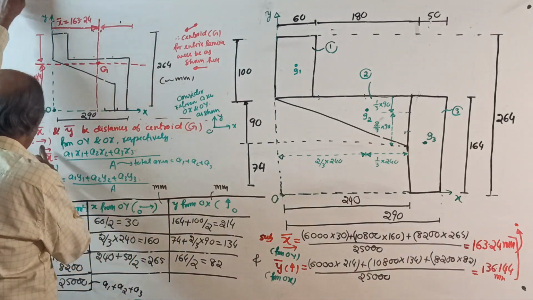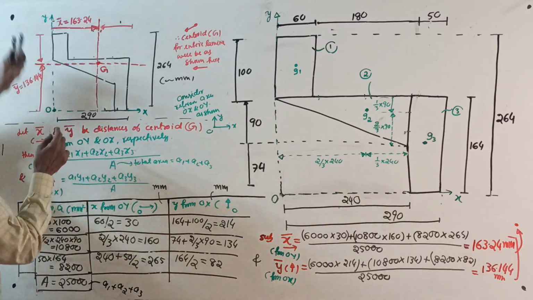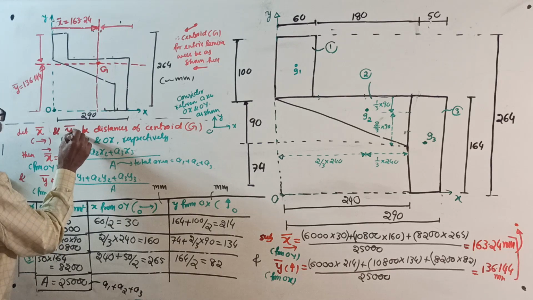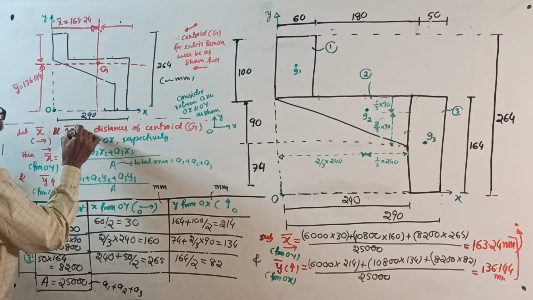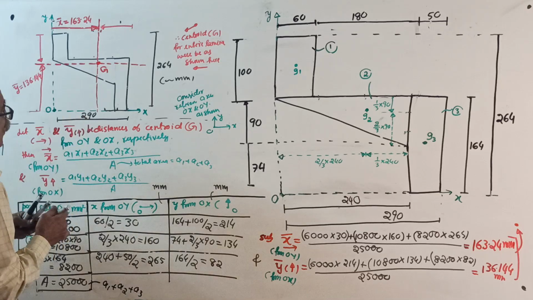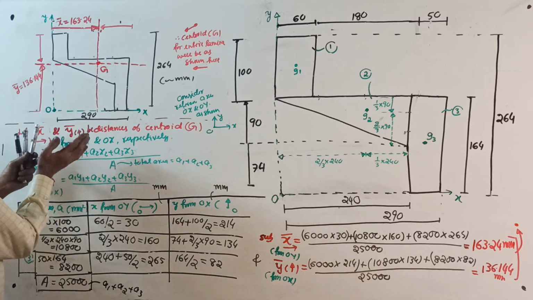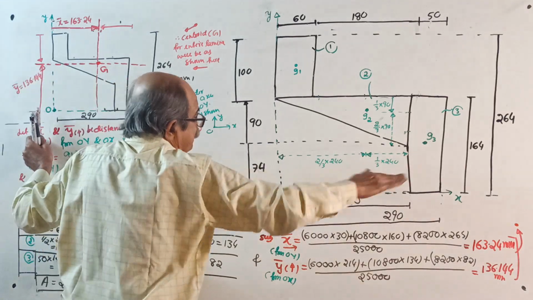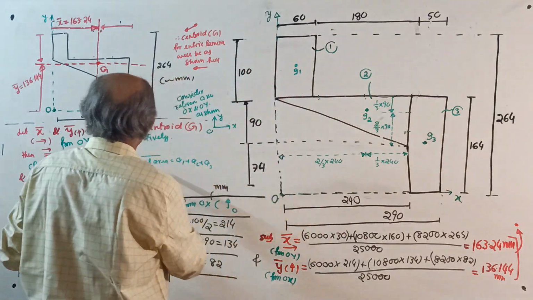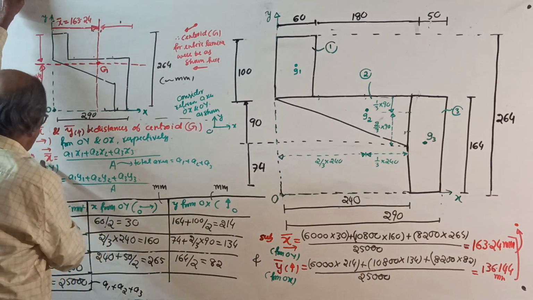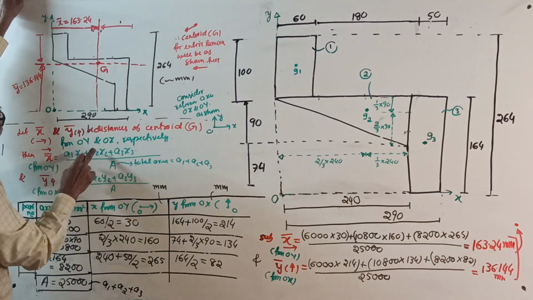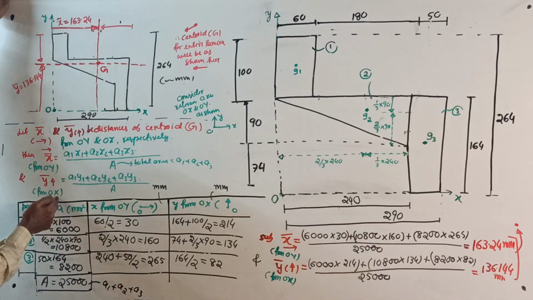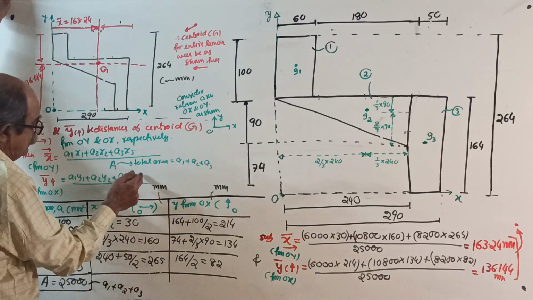Now, very important, you can make one more note. We have x bar to the right side and y bar upward; this I already told you. X bar and Y bar are distances of centroid G from the axes: x bar from the OY axis, y bar from the OX axis respectively. Then x bar equals A1 x1 plus A2 x2 plus A3 x3 by total area A1 plus A2 plus A3, and y bar equals A1 y1 plus A2 y2 plus A3 y3 by total area.